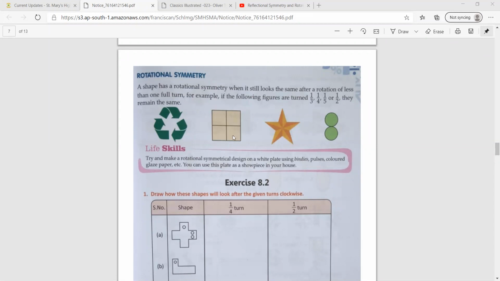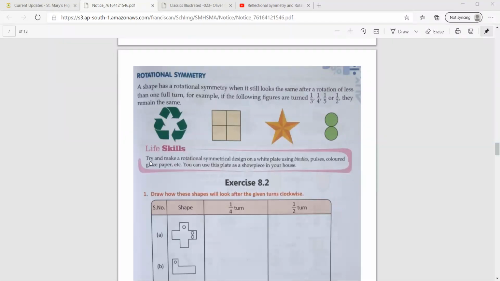Also you will get the same picture. Now this is exactly like our school star, isn't it? The motto that we have of our school. So this is also a figure which has rotational symmetry. This figure also will have a rotational symmetry.